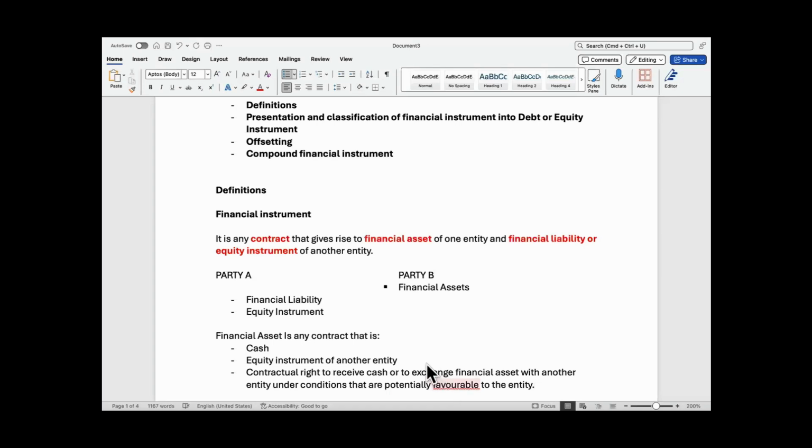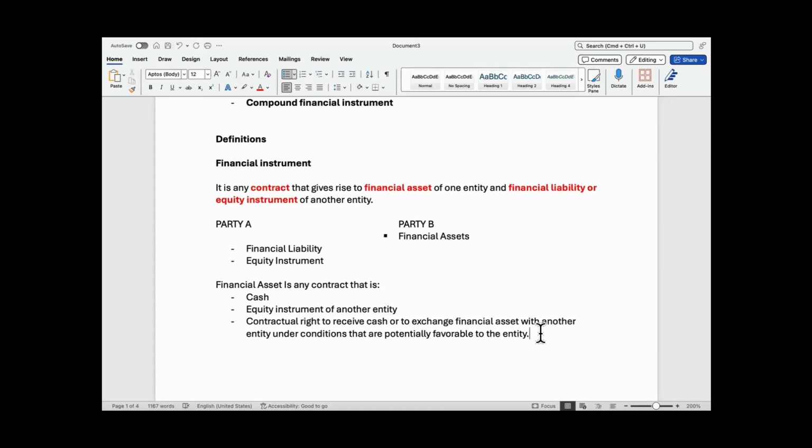Okay, let me stop here. The reality is that the definition even goes beyond this, but as far as your exams is concerned, let's get to work with this.